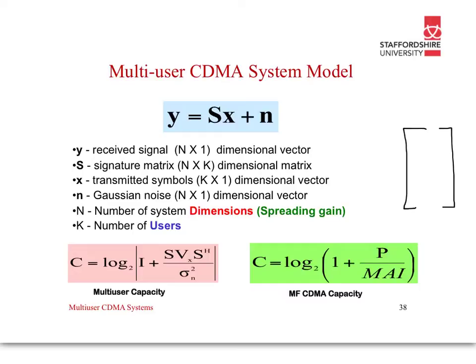So if we have a multi-user system model, we have Y, the received signal, equals S, which is the signature matrix. That would either be the orthogonal or semi-orthogonal or random code. And we have X, the users' bits, and we're adding noise. Basically we have K bits transmitted at the same time and each uses a separate code. Y is an N by 1 matrix.